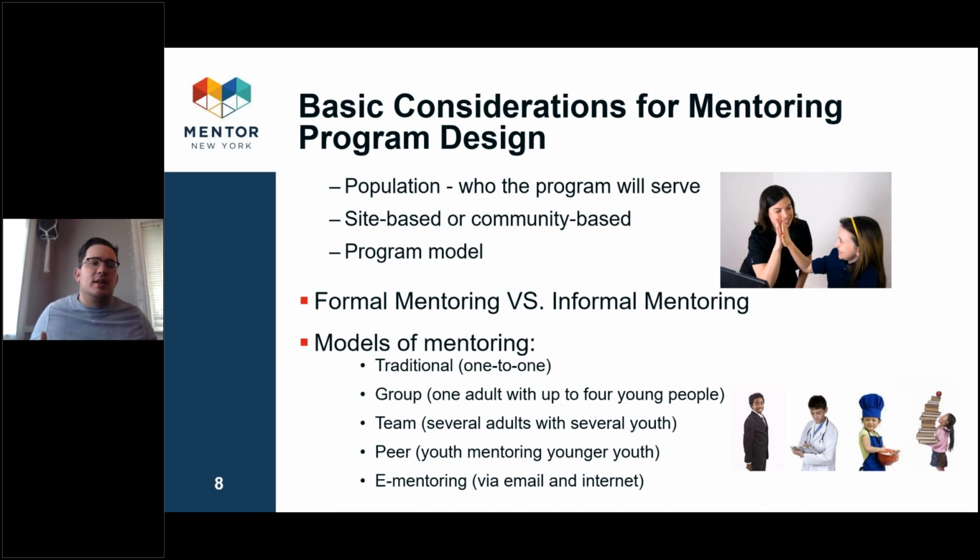In community-based, they're setting up their own times to meet on Zoom or whatever. Whereas site-based might be, hey, everyone's getting on this Zoom call, and I'm going to put you into breakout rooms with your mentor and mentee, or small groups or whatever. All of it can very easily be translated to virtual. So this doesn't really change any of this. It's not a different model so much as it is a different mechanism.